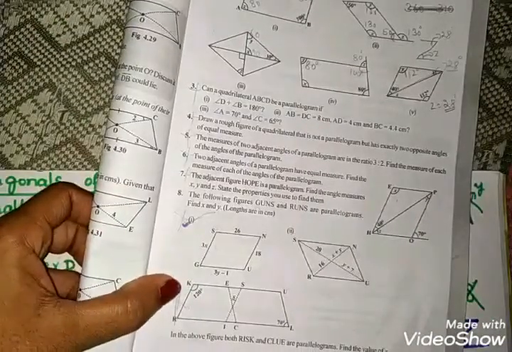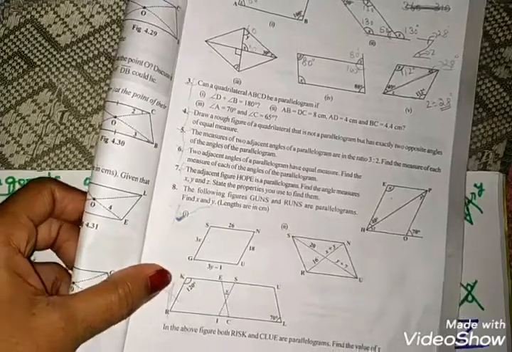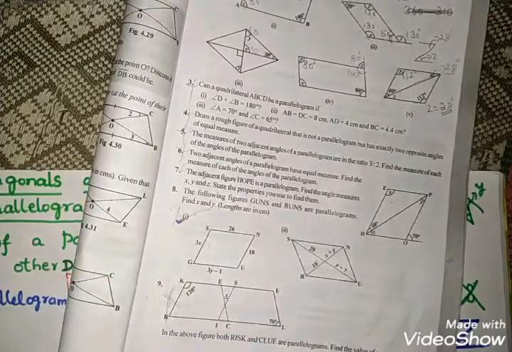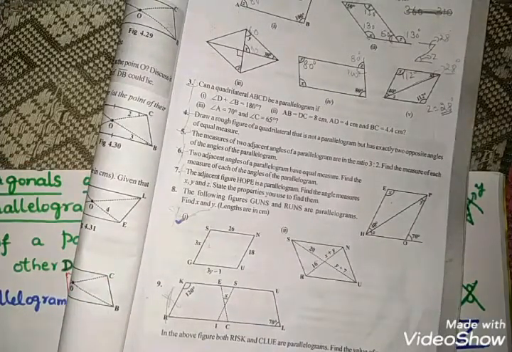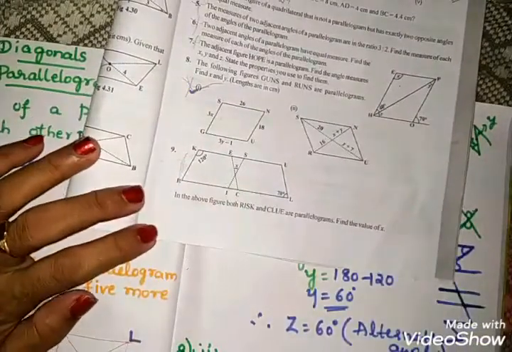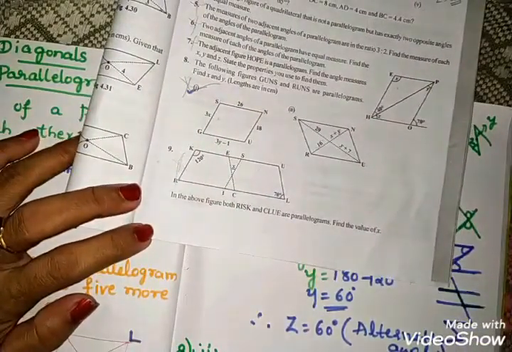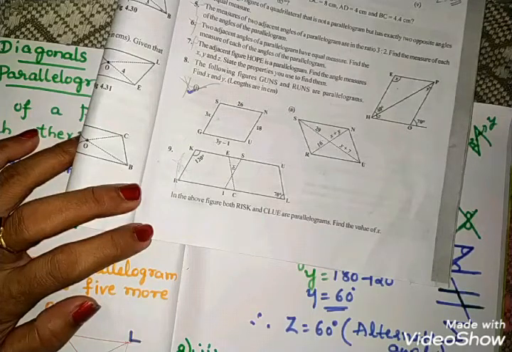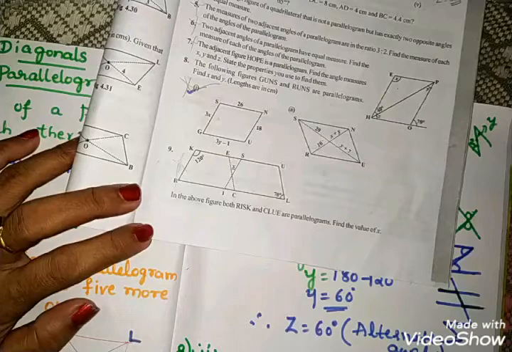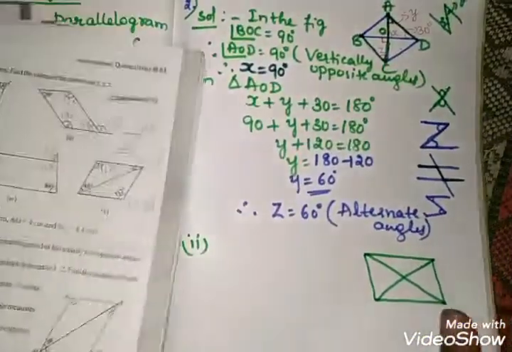That is 8th main, the second one, children. They gave a parallelogram here. You can observe here there is a parallelogram.